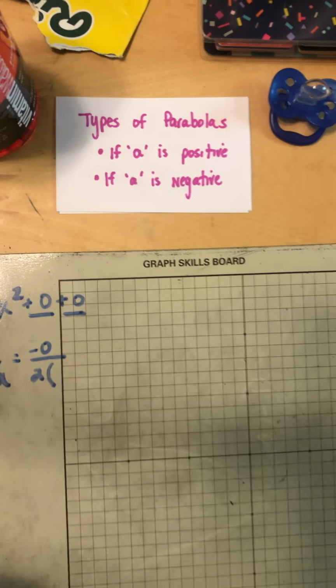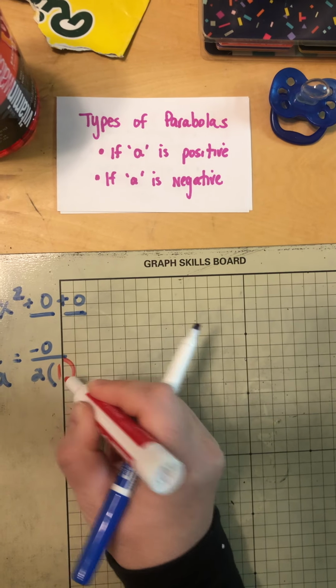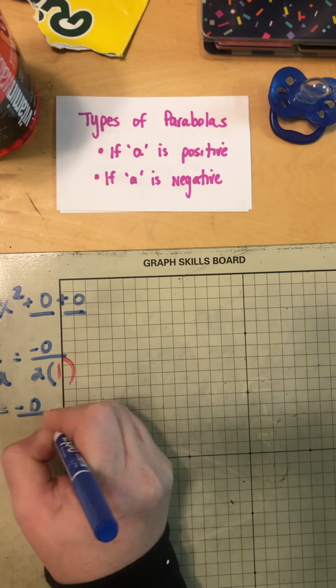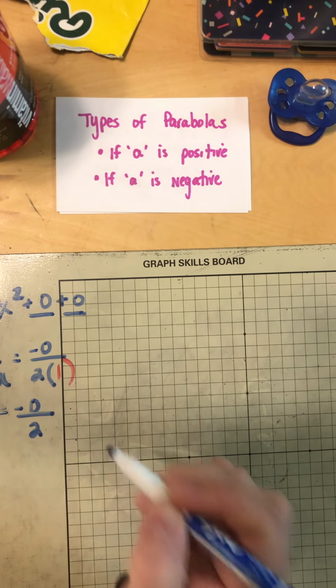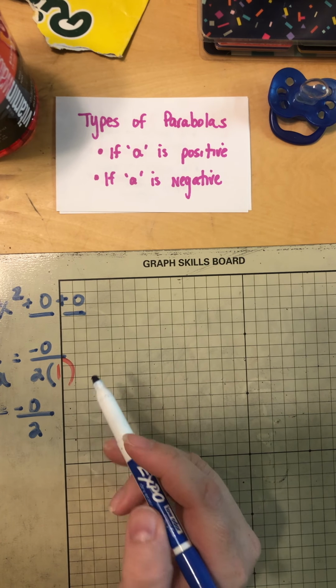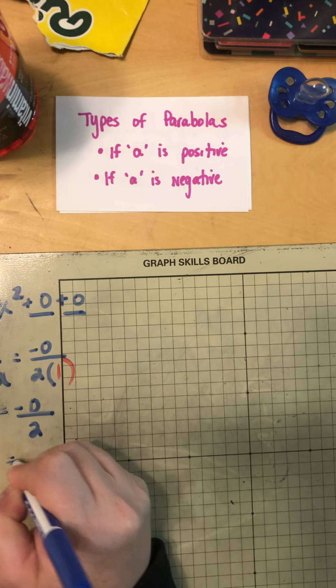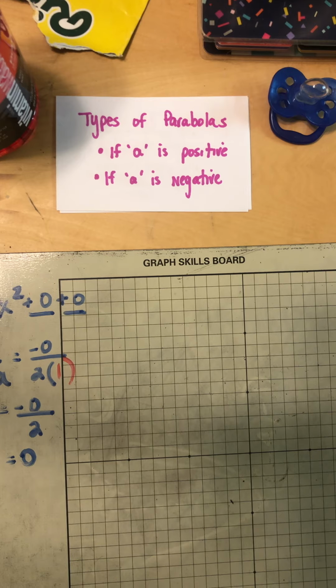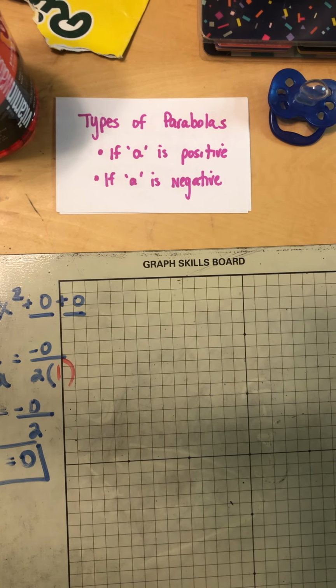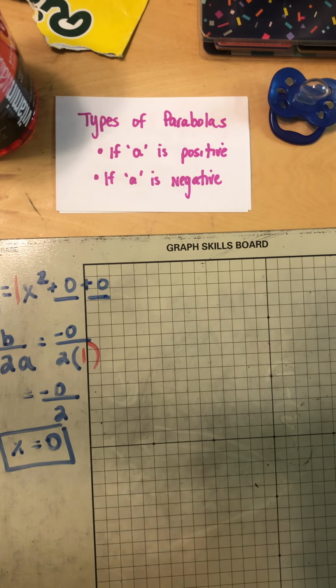So 2 times your a, which is 1. Now you're going to be negative 0 over 2 times 1, which is 2, and 0 divided by 2 is just 0. So your x is going to equal 0. This is your axis of symmetry, remember.